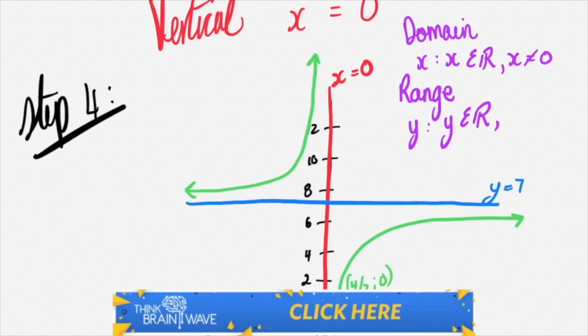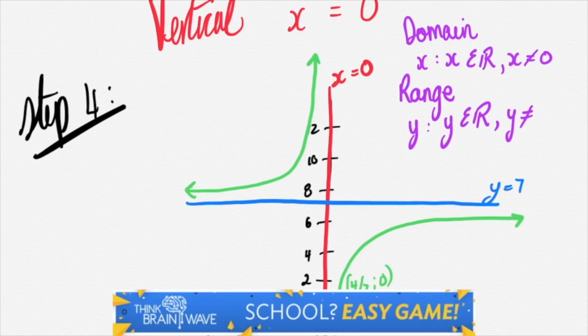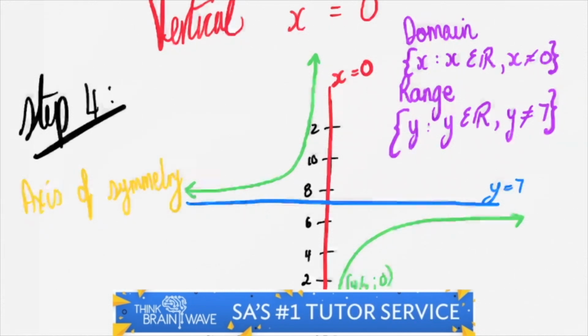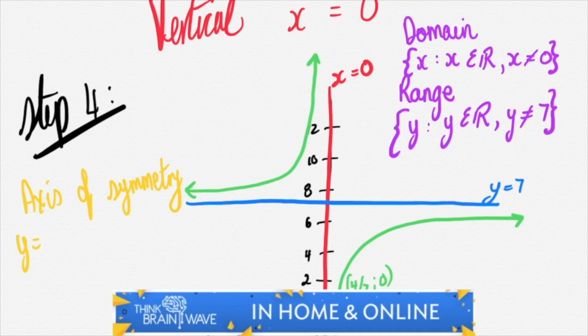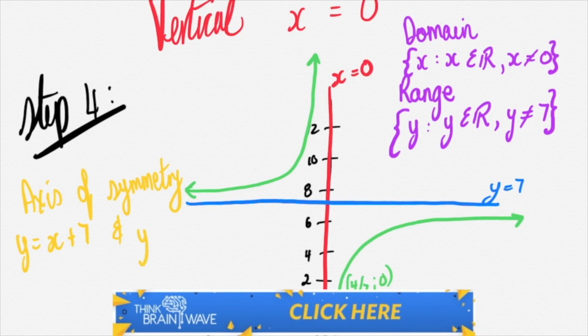So we say y cannot equal 7, and then continues up towards infinity. Our axis of symmetry would be y is equal to x plus 7 and y is equal to negative x plus 7.